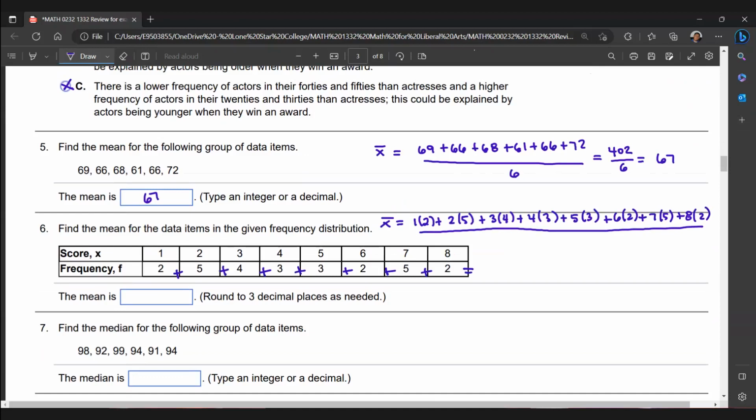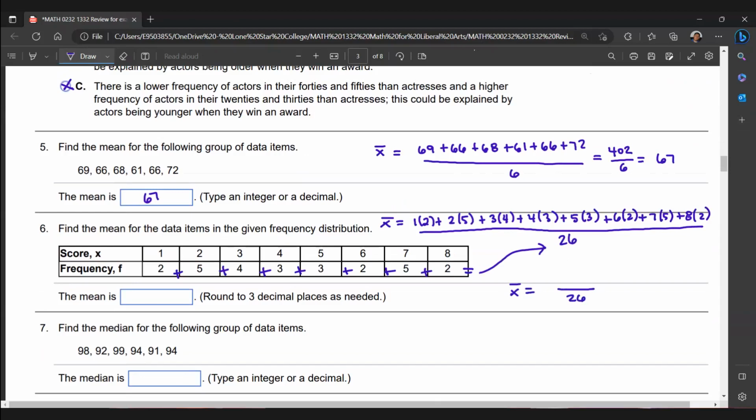That is the total number of entries. 2 plus 5 plus 4 plus 3 plus 3 plus 2 plus 5 plus 2, and we get 26. All of this divided by 26. So the mean will be equal to whatever this sum is, divided by 26.